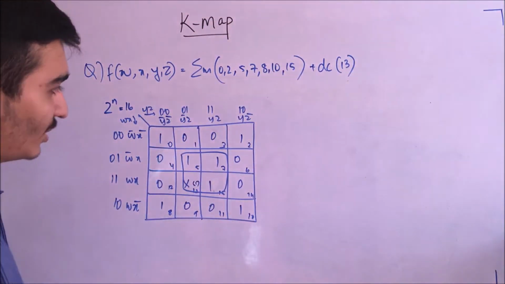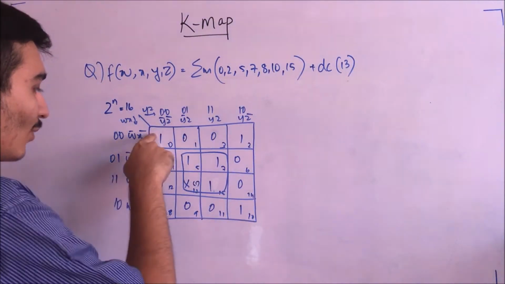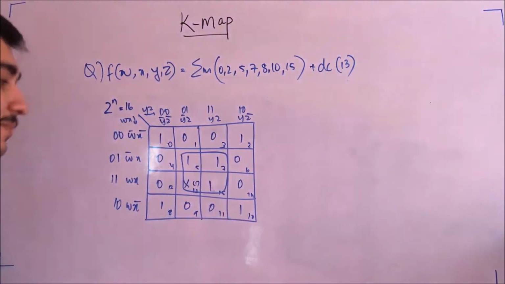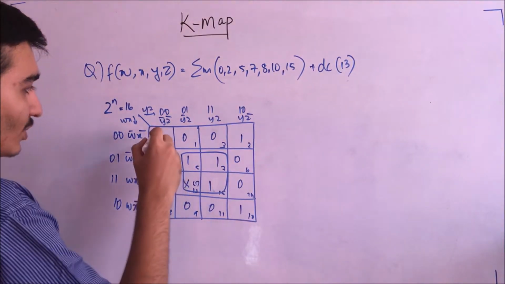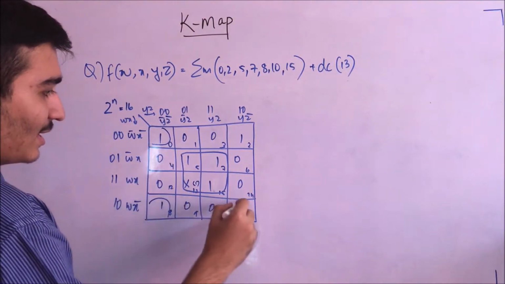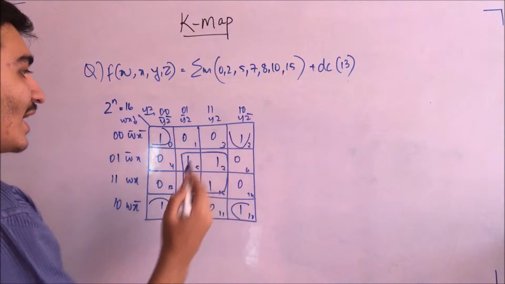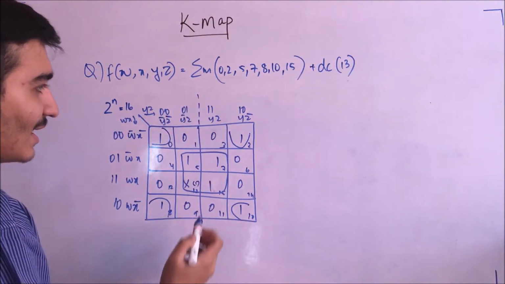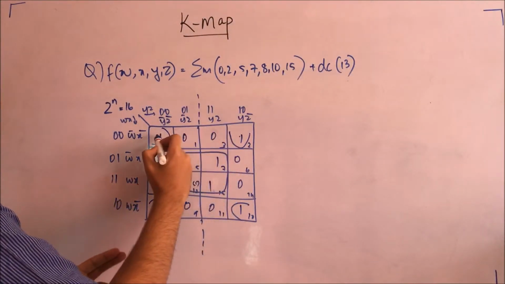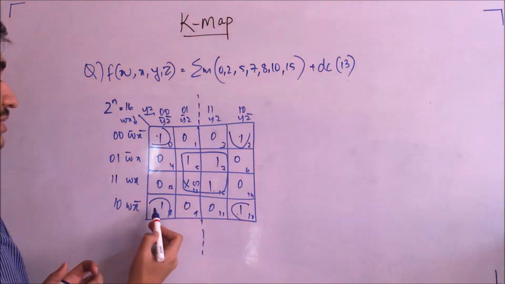Now if I look for more combinations, you would observe that I have ones in the 4 corners of the K-map, which means I can group these 4 1 cells, because when I fold the K-map along, let's say, this axis, you would be able to see that this cell overlaps with this, and this overlaps with this.